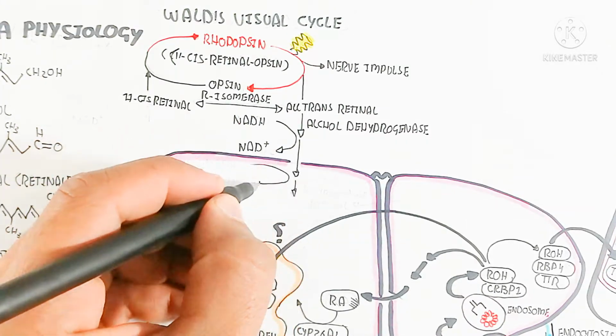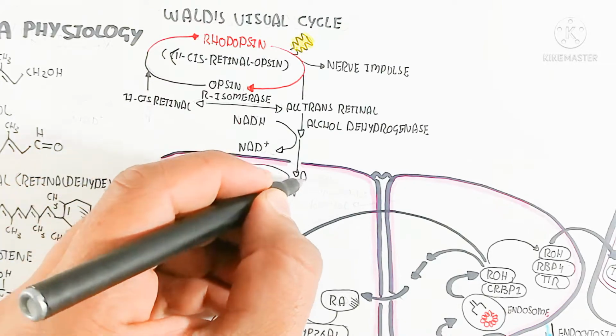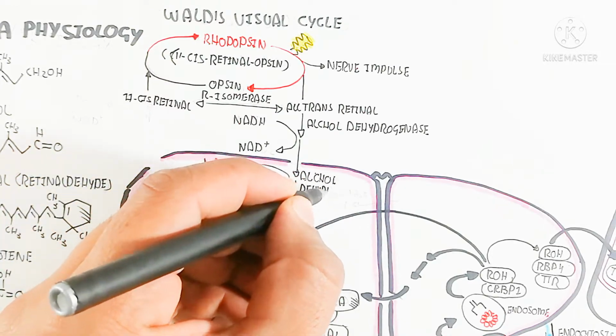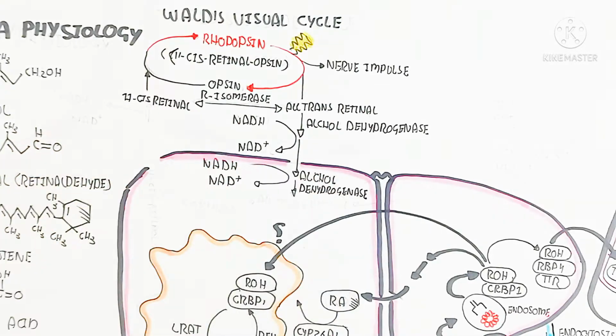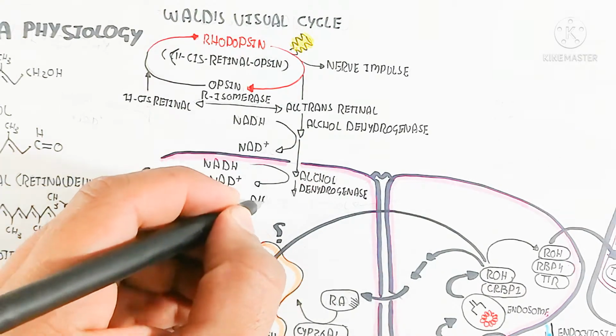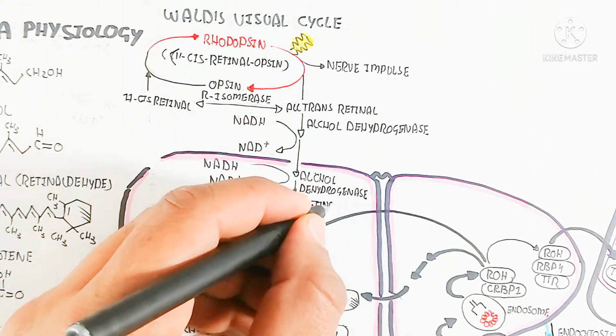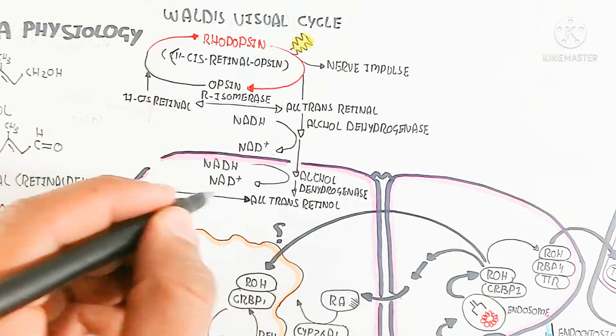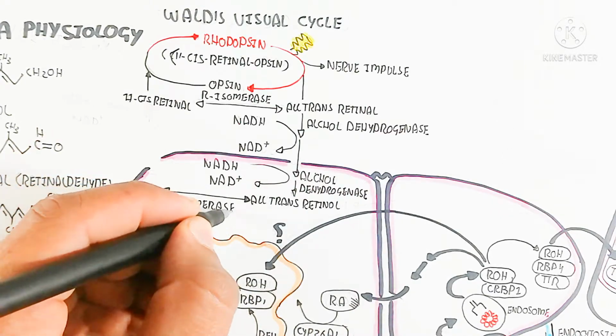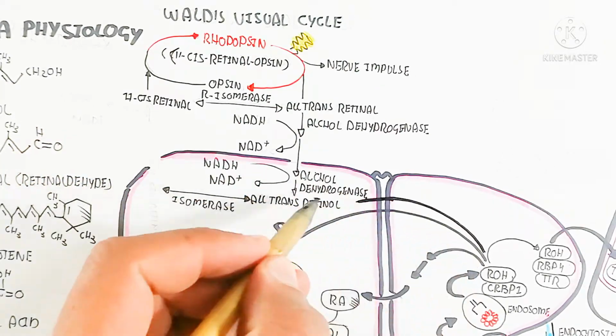NADH is reduced into NAD oxidized, so this alcohol dehydrogenase enzyme is used to produce the all-trans retinol, because of the hydrogen addition.